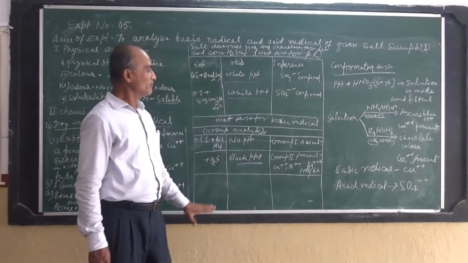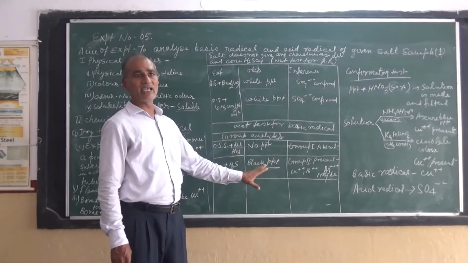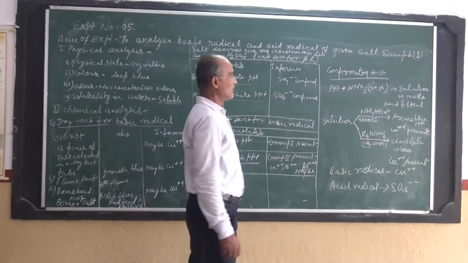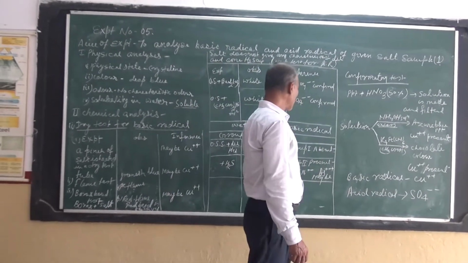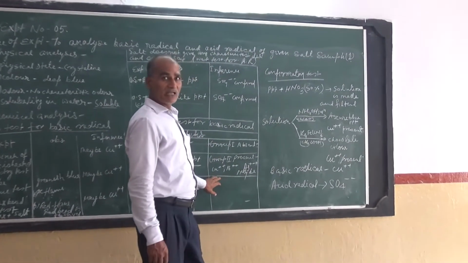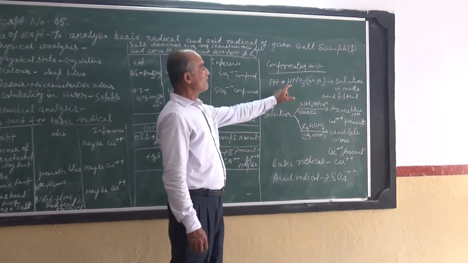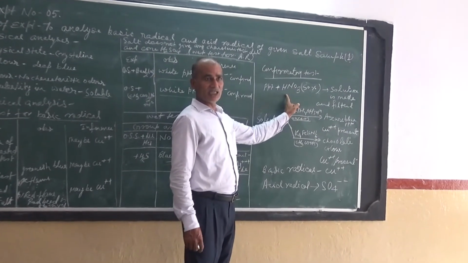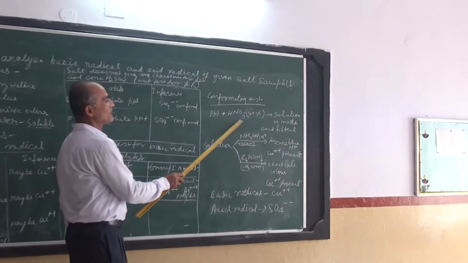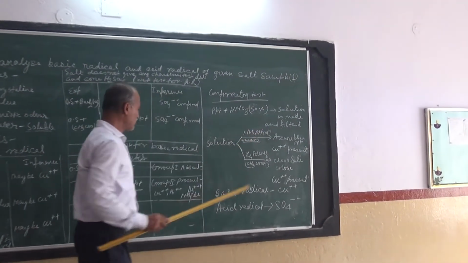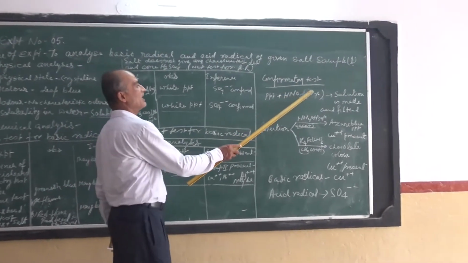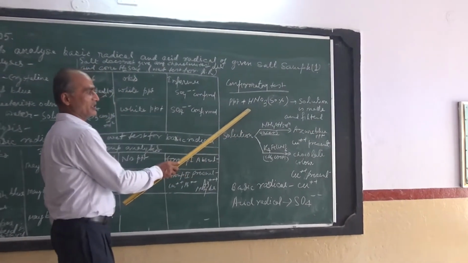Then we go through the confirmatory test of the given salt for the basic radical. We take the black precipitate obtained here and add 50% nitric acid to it and make a solution.